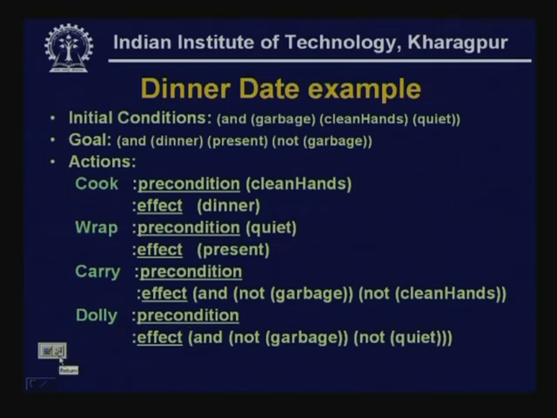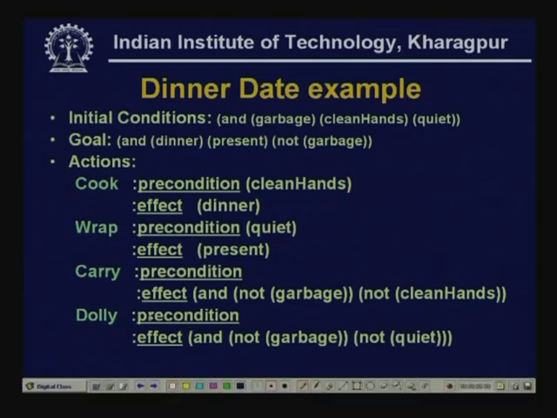And these are the actions which are available to you: cook, wrap, carry and dolly. Cook is an action whose precondition is clean hands and effect is dinner. Wrap is an action, its precondition is quiet and effect is present. Carry is an action which has no precondition and its effect is no garbage and not clean hands.